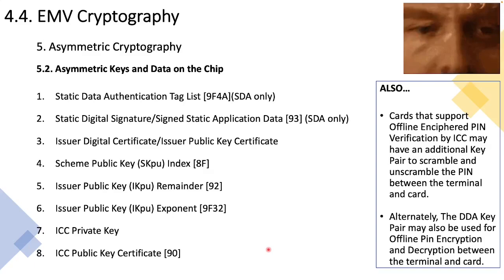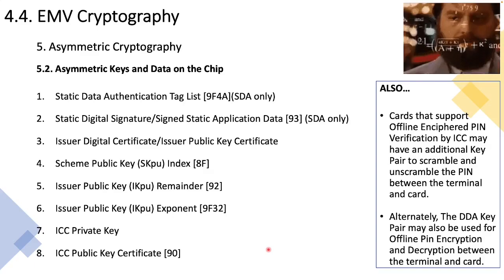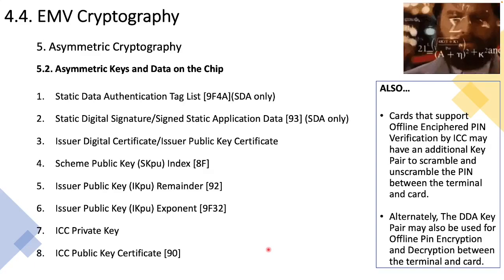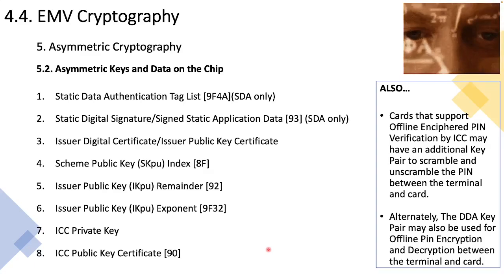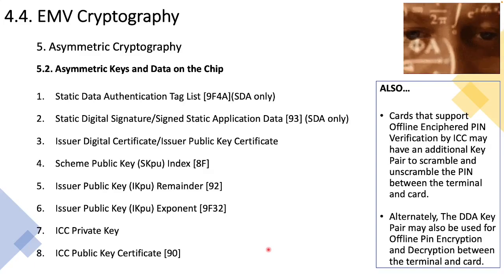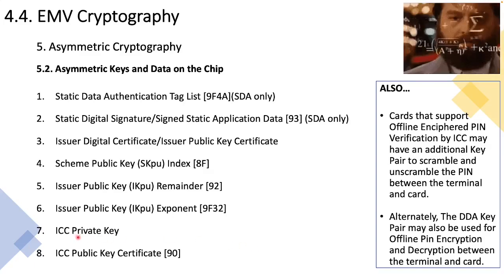Basically, the card will pass a public key off to the terminal, and it will use the private key to unscramble. Alternatively, if the card doesn't have this dedicated PIN encryption key pair, it could use the DDA key pair, which is also called the ICC private key.